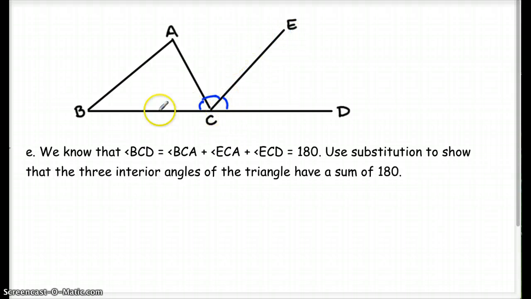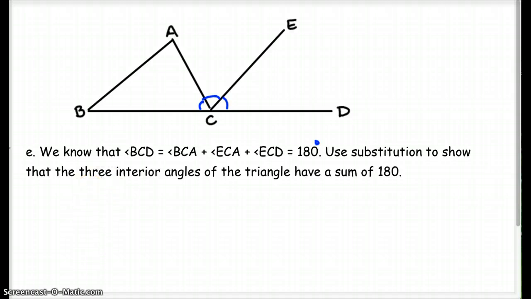So all they did was they took that straight angle and they broke it up into the three separate angles. And we know that if we add all three of these together, it has to equal 180 degrees. So it says use substitution to show that the three interior angles have a sum of 180 degrees.